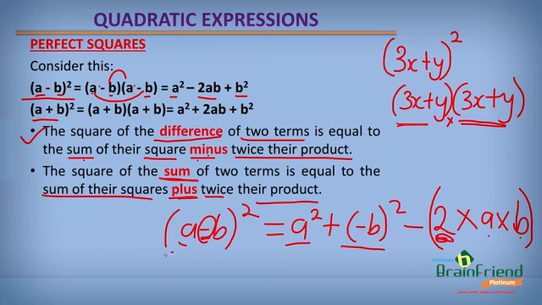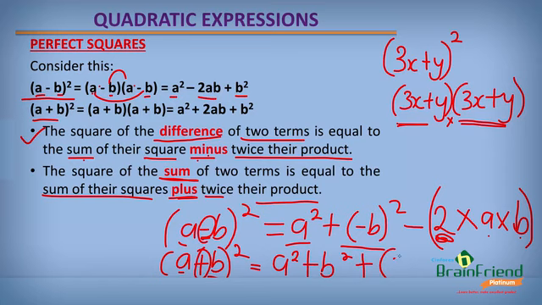So a plus b all squared is equal to the sum of the individual squares, that's a squared plus b squared. Then we take note of the sign. This is positive, so it now becomes plus twice their product, 2 times a times b.